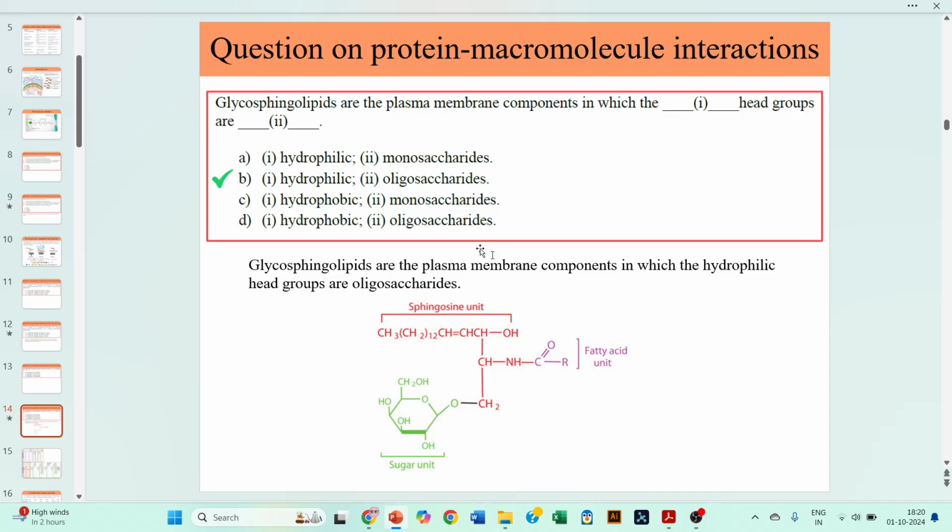This is what the glycosphingolipid is. Glyco comes from the sugar unit, sphingo comes from this alcohol part, and lipid comes from this fatty acid portion, right? And which is the head and which is the tail? The head is always hydrophilic and the tail is hydrophobic.